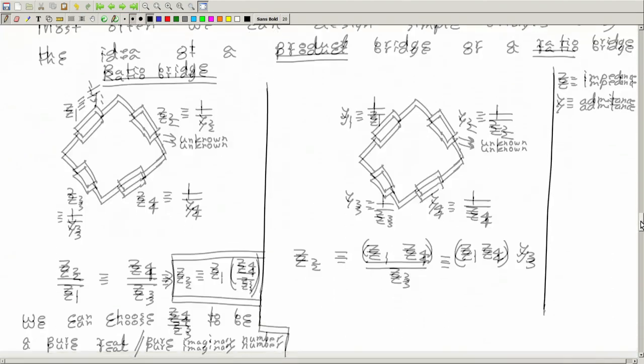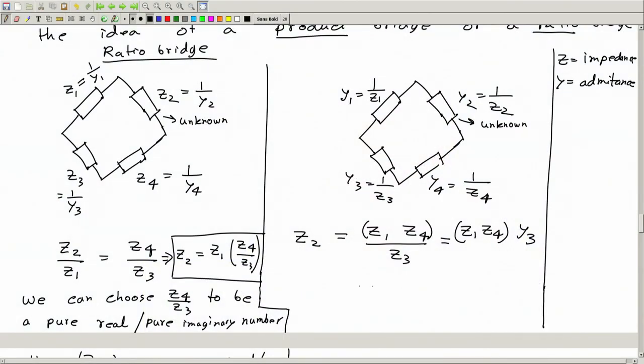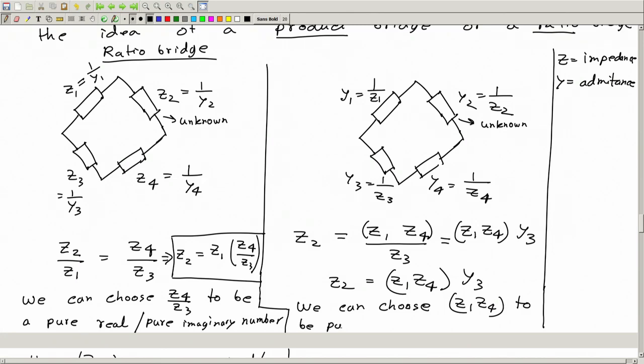Now, similarly, another type of bridge that we can design or configure is keeping this equation in mind: Z2 is equal to Z1 Z4 multiplied by Y3. Now we can choose this factor Z1 Z4 to be pure real or pure imaginary.